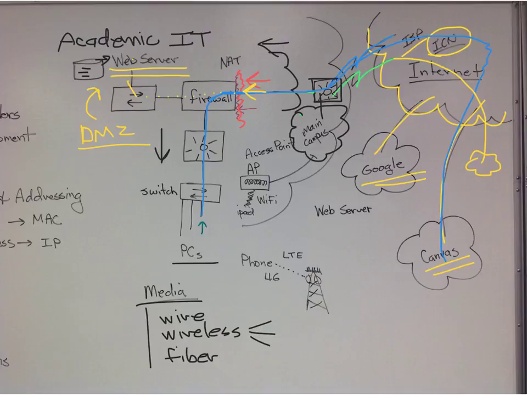Actually, blue. We have an access point in the room, and you can connect that access point. Like for my iPad, I can connect wirelessly to that access point. That's Wi-Fi. Now I can take my phone and do the same, or I can use my 4G LTE and connect to a cell tower, which connects into my provider, in my case, US Cellular.